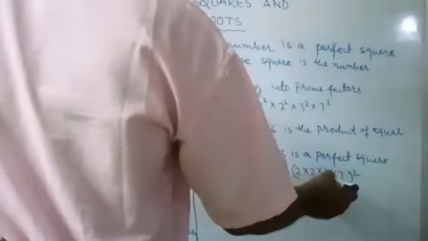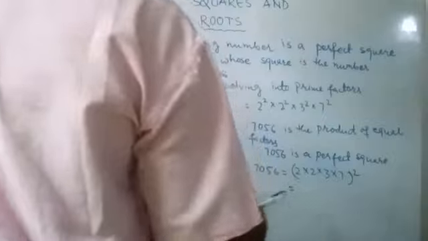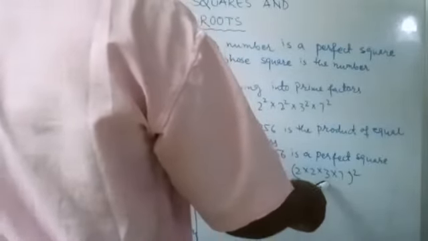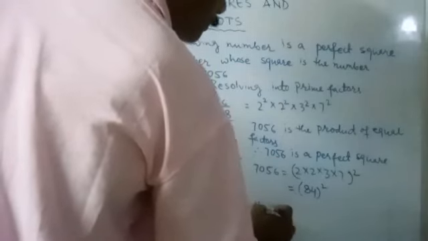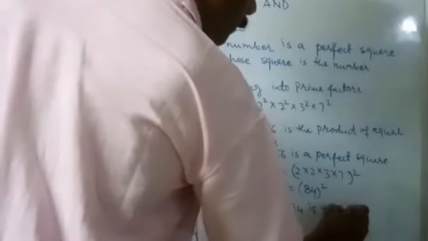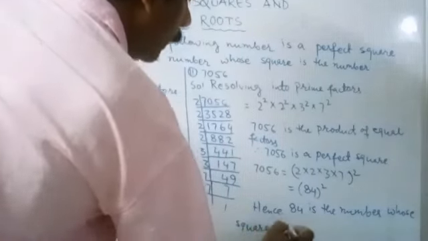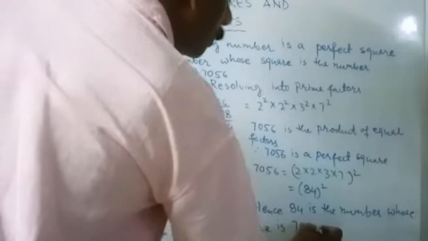So the prime factors 2 into 2 multiplied by 3 into 7, whole square, is equal to 7056, or their product is 2 2s are 4, 4 3s are 12, 12 7s are 84. Hence 84 is the number whose square is 7056.